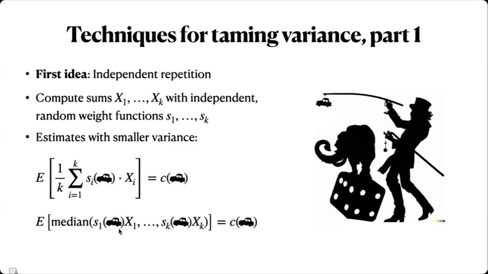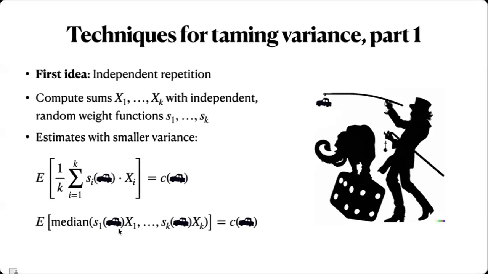Well, there are more, but the two most obvious ways of combining these estimators are by averaging or by taking the median. So averaging has the advantage that it reduces the variance, but it's also something that's relatively expensive.